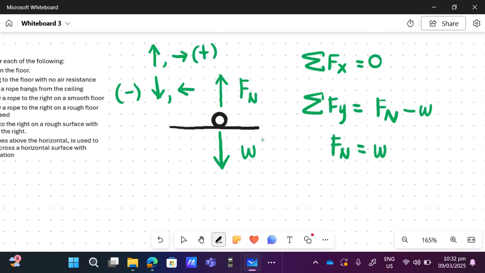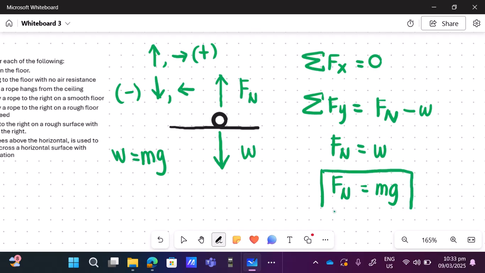Now, earlier we defined weight as the product of the mass and the acceleration due to gravity, the constant, which is g. So we can get the magnitude of the normal force to be equal to this same expression, which is m times g. So we can express the normal force equal to m times g.